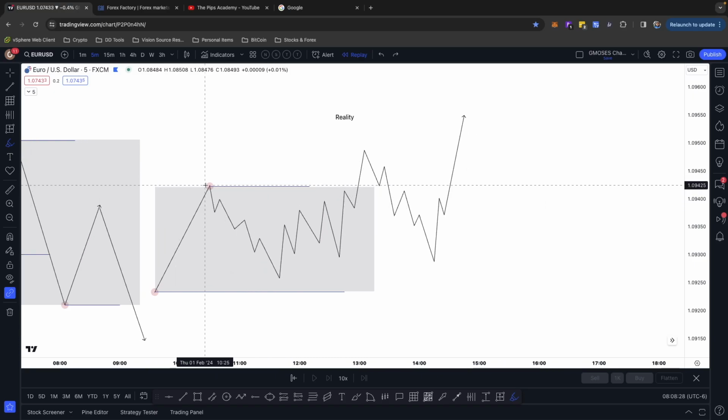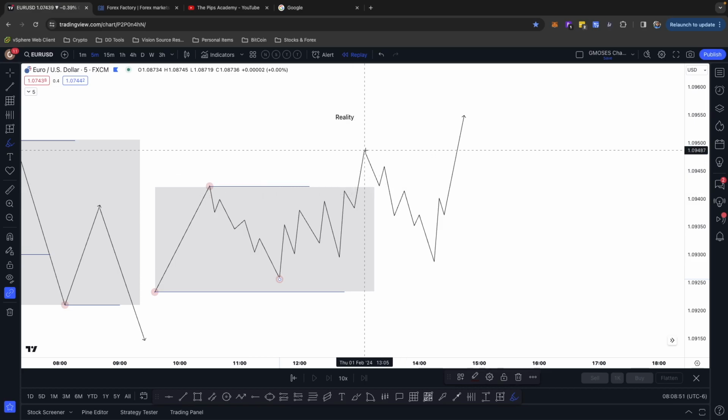So when we break out of this box, we have to understand and locate our swing low for our next swing point, or our next range. And how you identify that is the lowest point inside of our internal range that established our swing high. So we'll be looking at this point here.